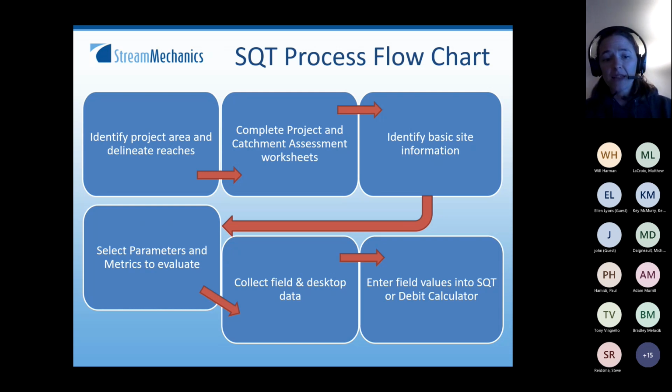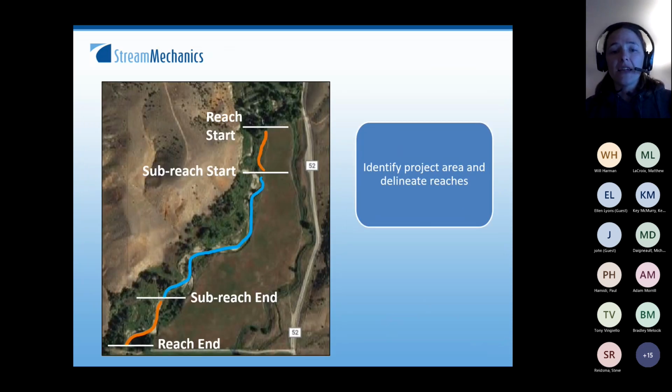Starting with step 1 of identifying the project area and delineating reaches, it's important to note that with the SQT, as an assessment, you want to break your project into distinct reaches that have similar characteristics for all the parameters that you are evaluating. If you have a main stem and a tributary, then those are separate reaches.